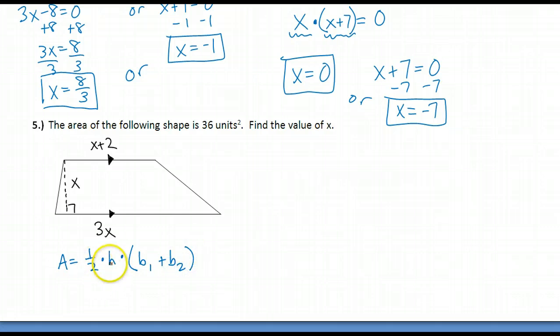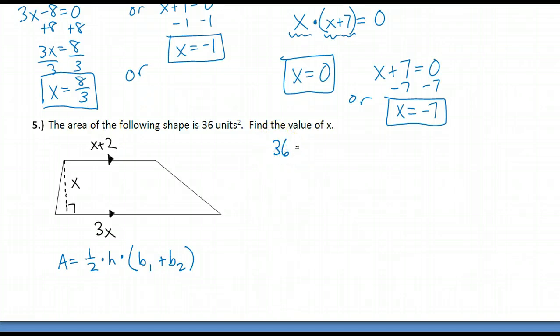So in this problem, my height is x, my base 1 is x plus 2, and my base 2 is 3x. And I know that my area is 36 units squared.